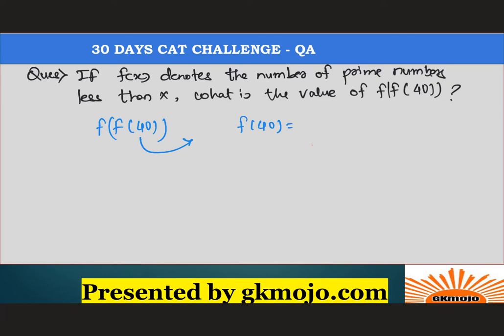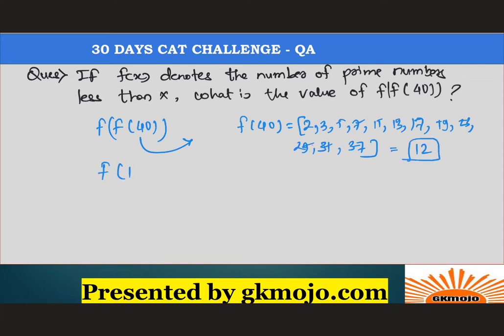It's all the prime numbers which are less than 40, that is 2, 3, 5, 7, 11, 13, 17, 19, 23, 29, 31 and 37. Count them: 1, 2, 3, 4, 5, 6, 7, 8, 9, 10, 11, 12. So f of 40 is 12. Just place this value over here, so you're left with f of 12.